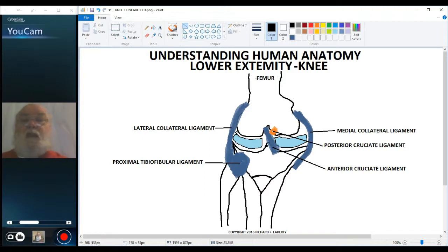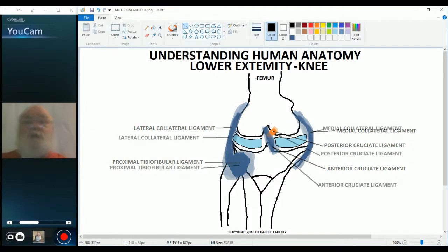So these are the primary ligaments of the knee joint.